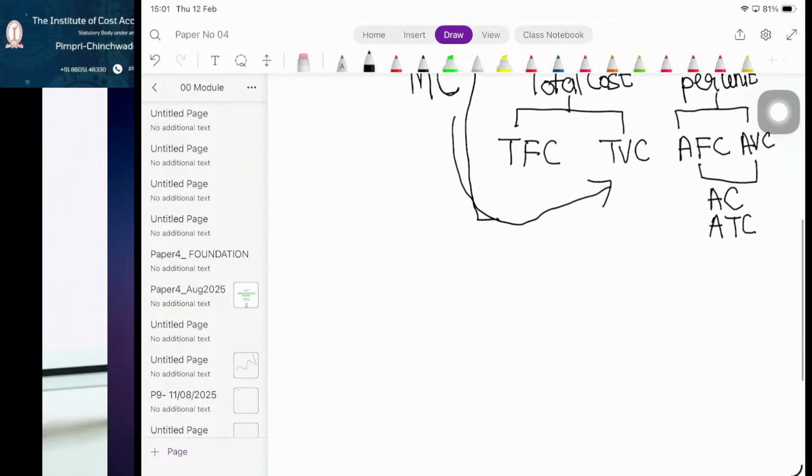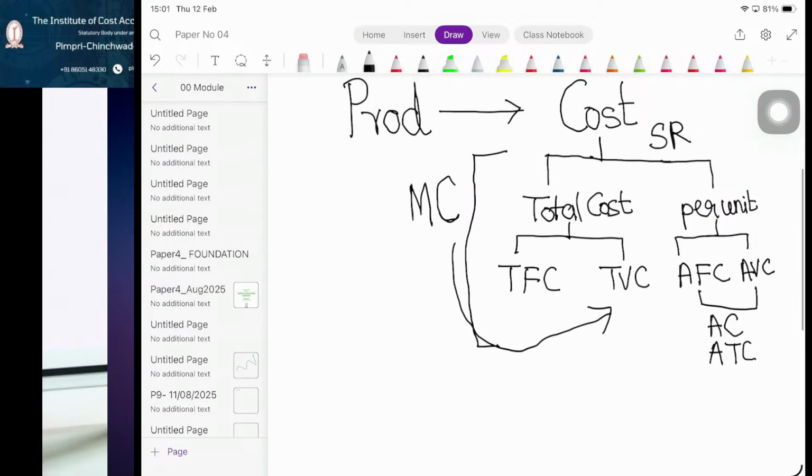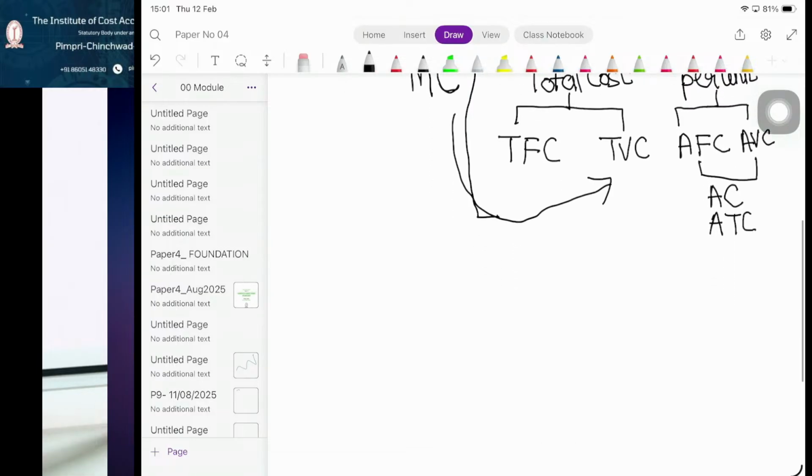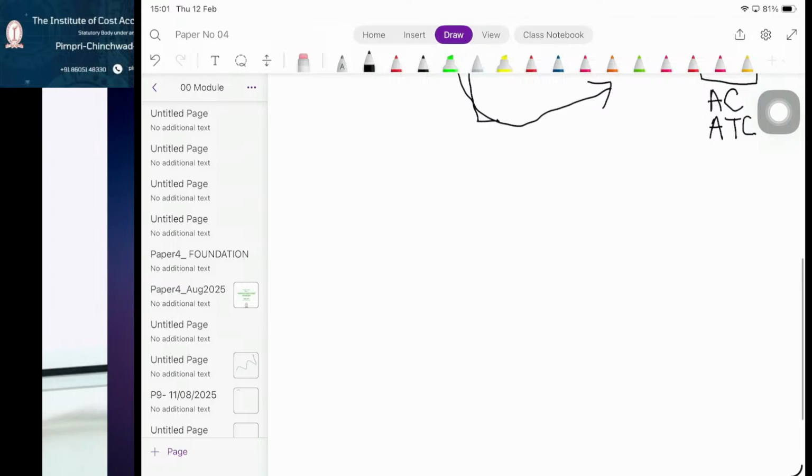Now, let us first write what we mean in economics by a firm. In the last lecture I told you a firm is any organization which is producing goods and services with a commercial motive. That commercial motive is a very important idea.